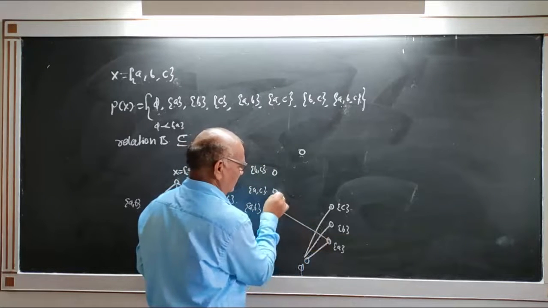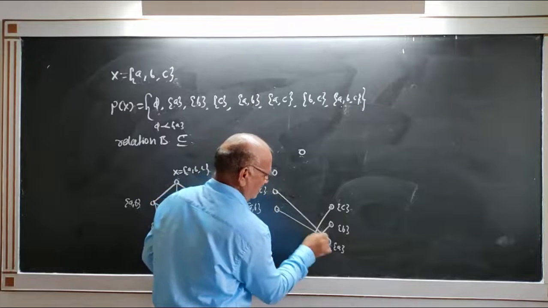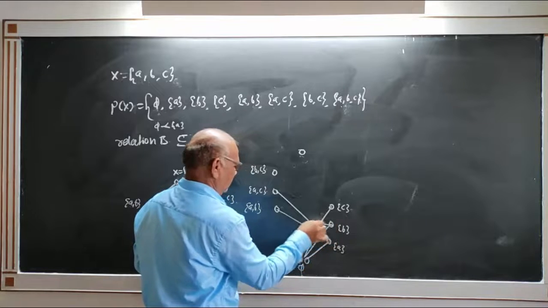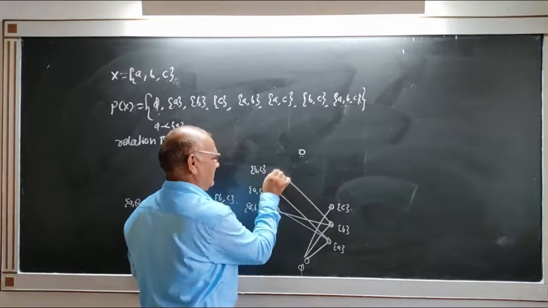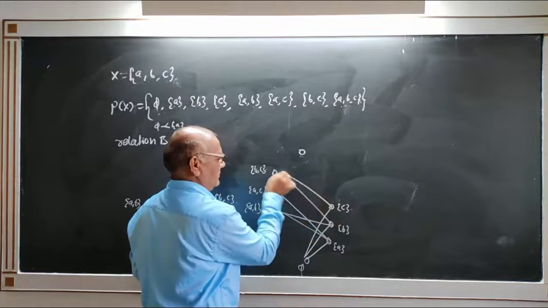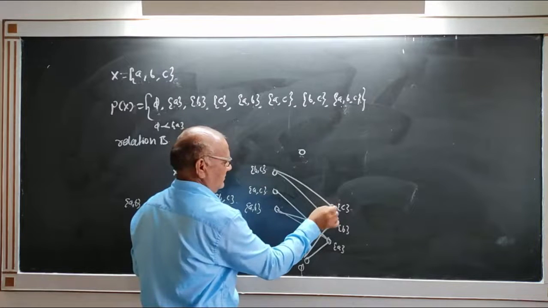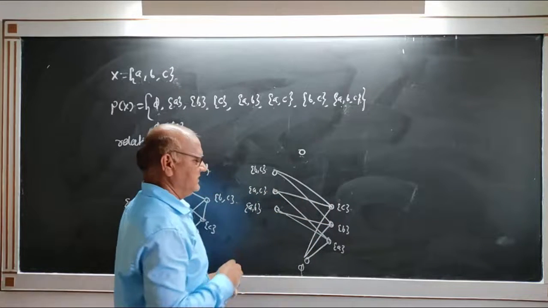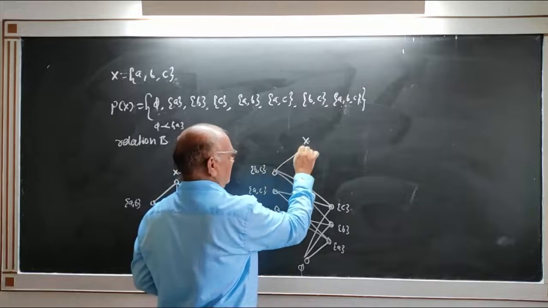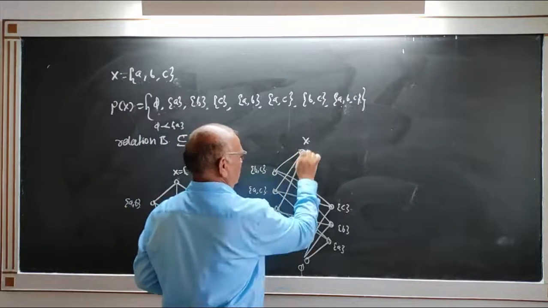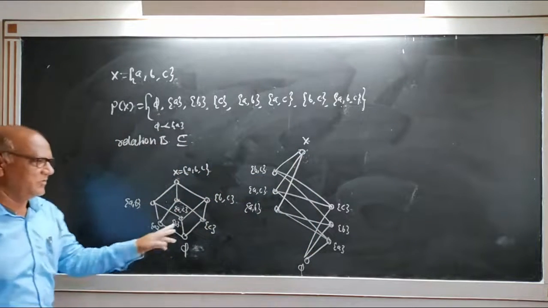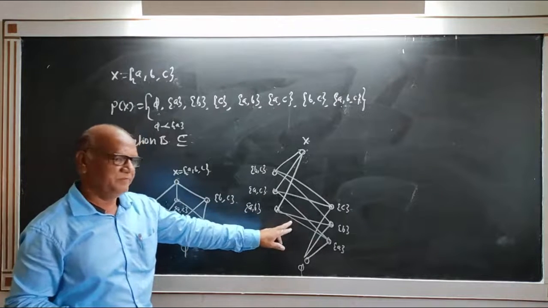Okay. B is related to this. C is related to like this. And last, this X is related to the rest. Both diagrams are the same.